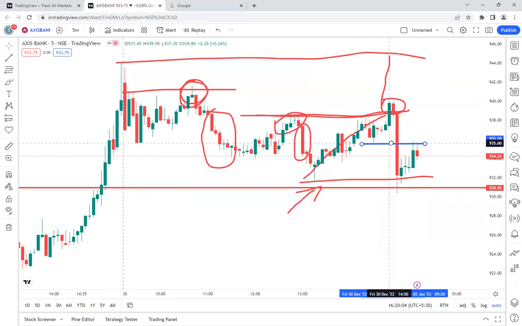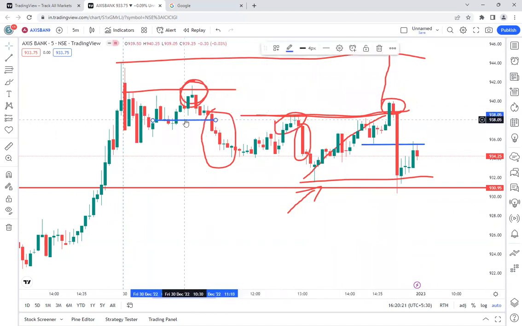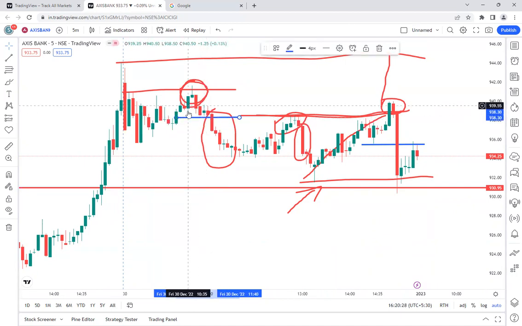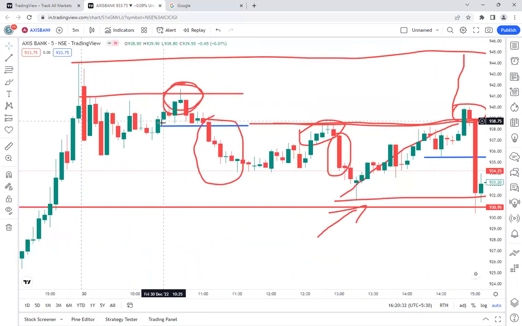That is mandatory. And you should also keep your stop loss just below the last higher low. In the same way, if you had taken the buy position here in this particular zone, you should keep your stop loss just below here, or in the best case, you can keep it below this green candle also, because if you go to the 1 minute time frame, this would be a last higher low also.